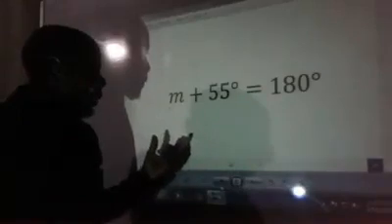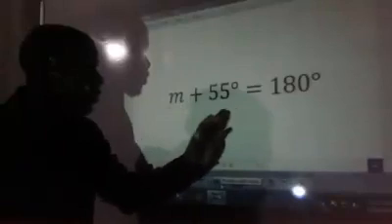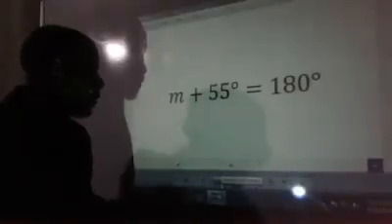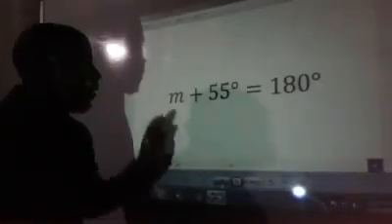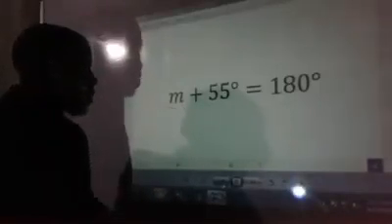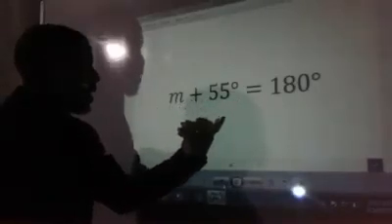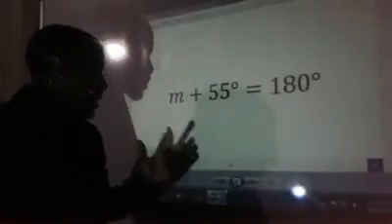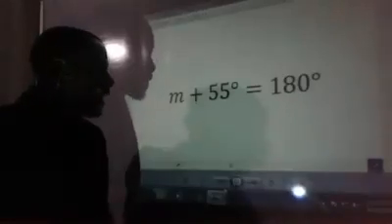Now we have our unknown, M, and we are able to solve for it. We apply the rules of mathematics: we subtract 55 degrees on the left hand side, and we subtract 55 degrees on the right hand side. Remember, what you do on the left hand side, you also do on the right hand side.